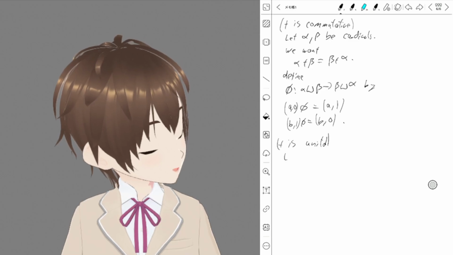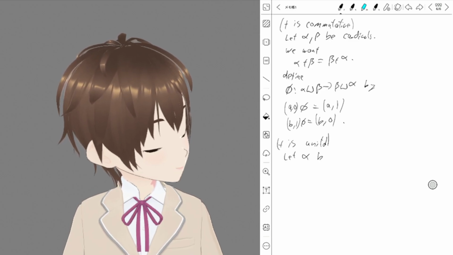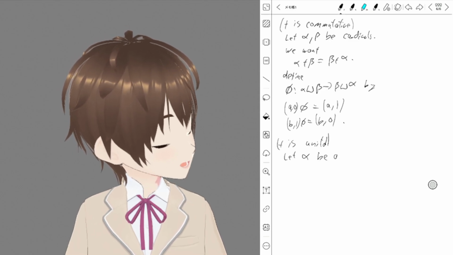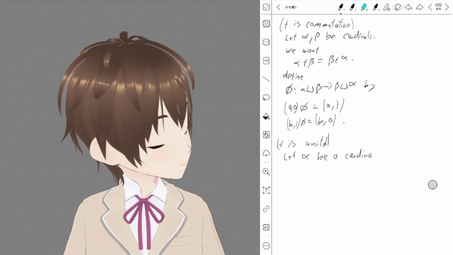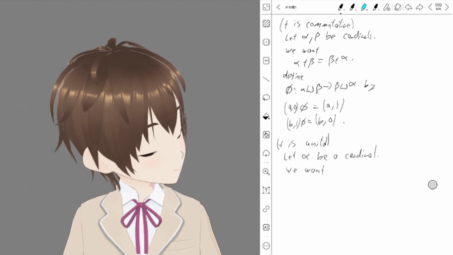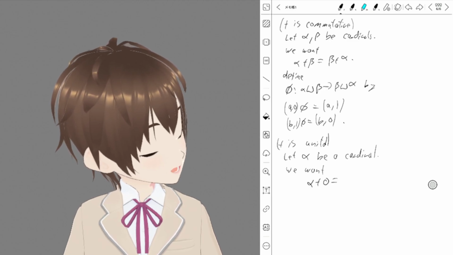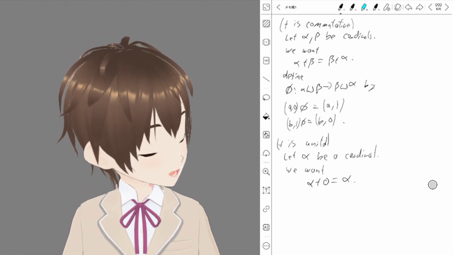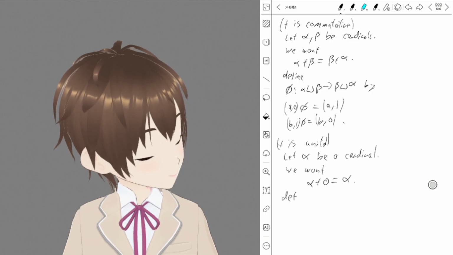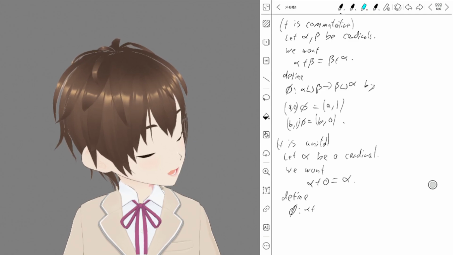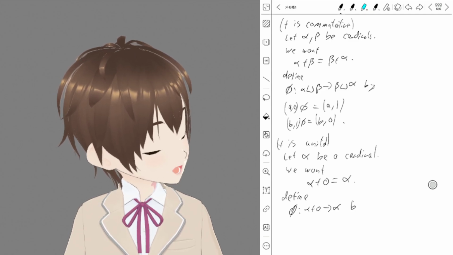So let alpha be a cardinal. Then we want alpha plus 0 to be equal to alpha. So I define a bijection between the two things. So define phi from alpha plus 0 to alpha by, well, what is this?